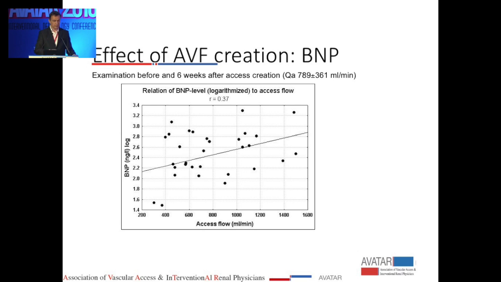You can see that there were normal values of flow volume, but there was a significant increase of BNP after creation of vascular access, and moreover, the BNP levels correlated with access flow volume.